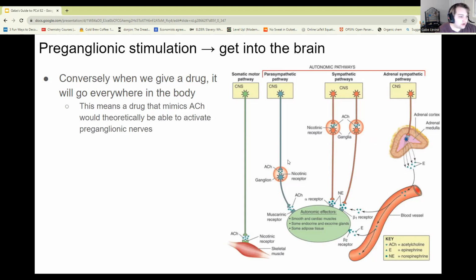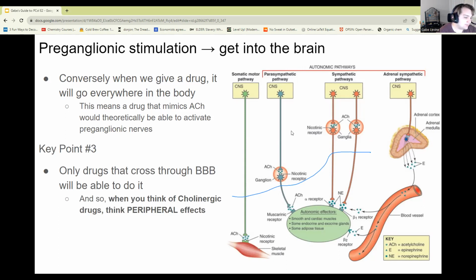In order for a drug to activate these preganglionic receptors, it needs to be able to get into the CNS, to penetrate the blood-brain barrier.